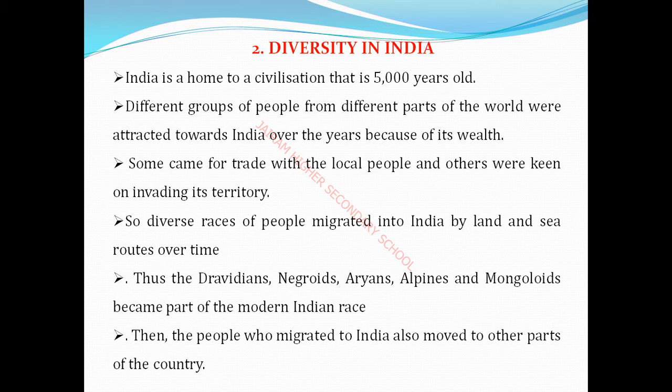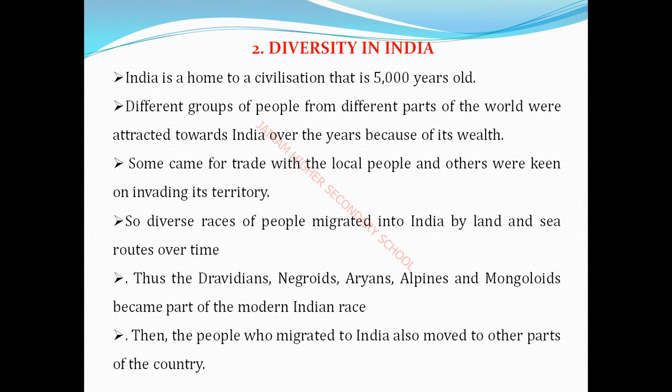By land means in the ancient period they came to India from the neighboring countries, for example, by horse riding. Sea routes means they came to India along with their voyages, following the method of sea voyages.